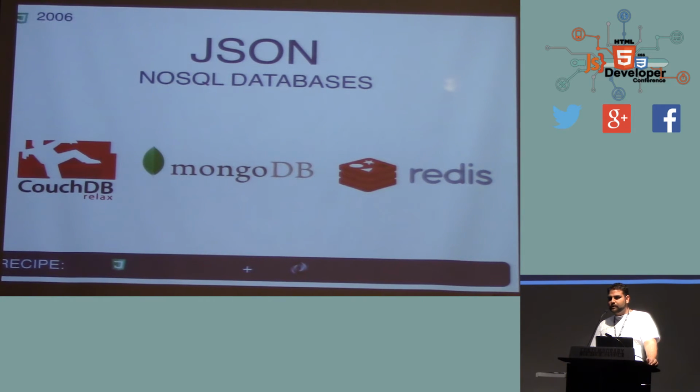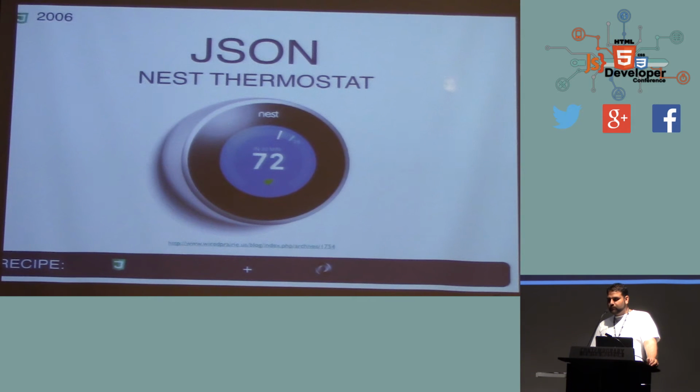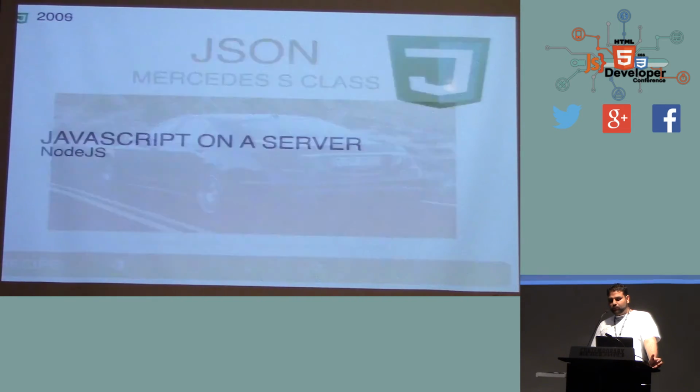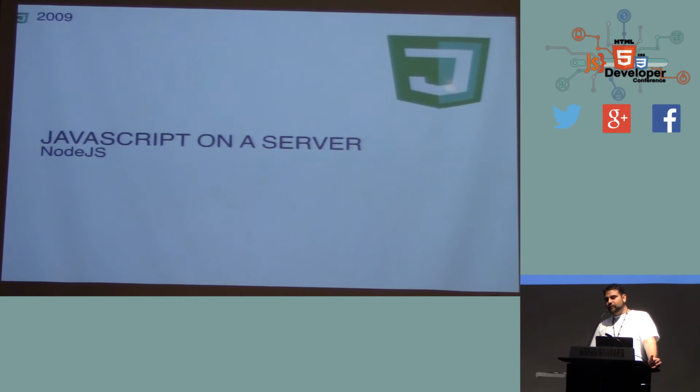One common device that uses JSON is your thermostat, the one provided by Apple, that you can sync with your phone and use to set the temperature of your house. Another good example would be Mercedes, right? All your maps in Mercedes and the settings that you make by default get stored in JSON format, so that it's easily read by the machine. Now we're going to talk about JavaScript as a server, because JavaScript has its own data format, JSON.